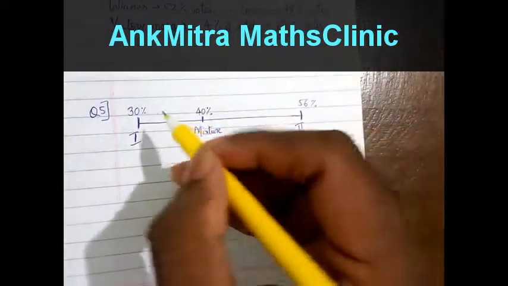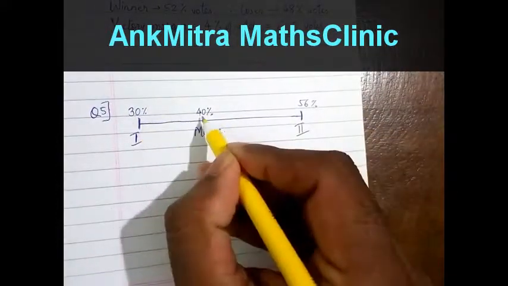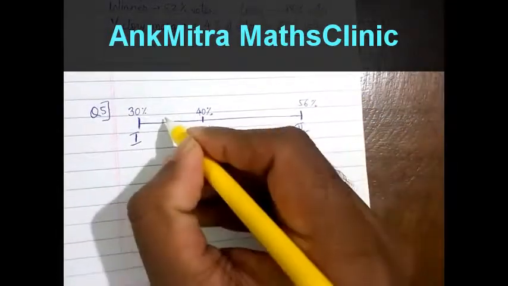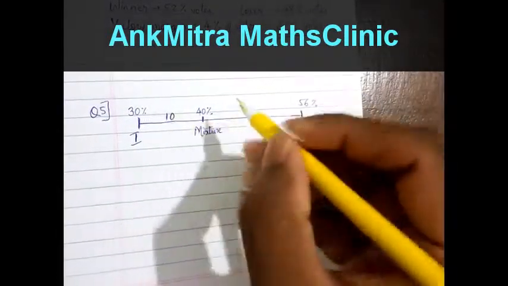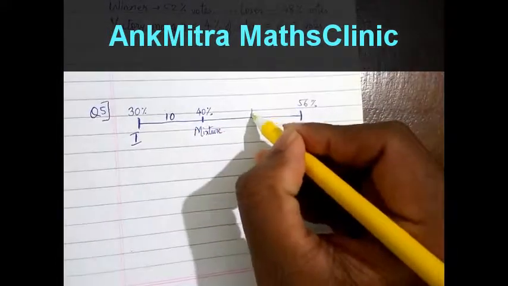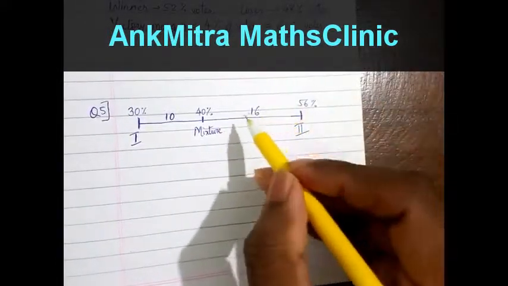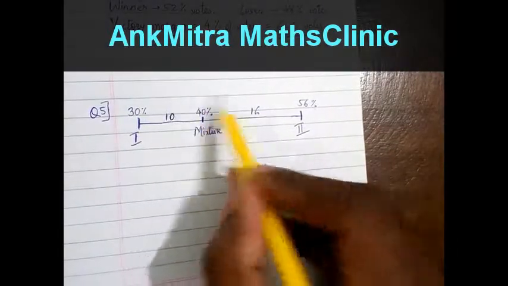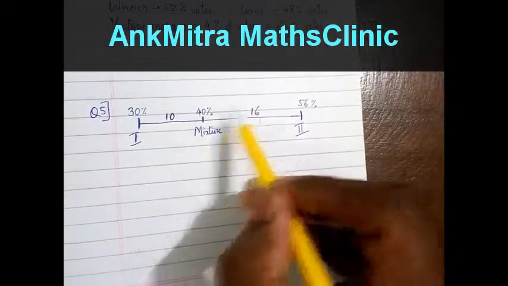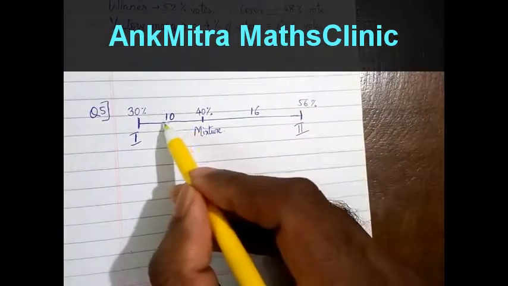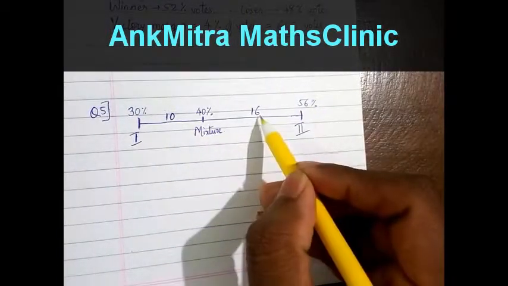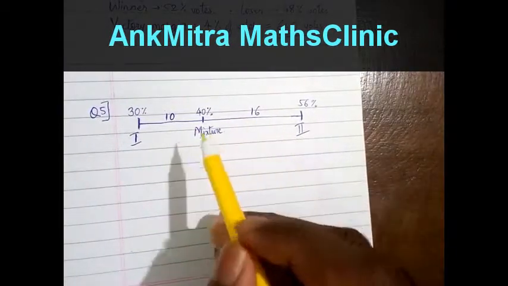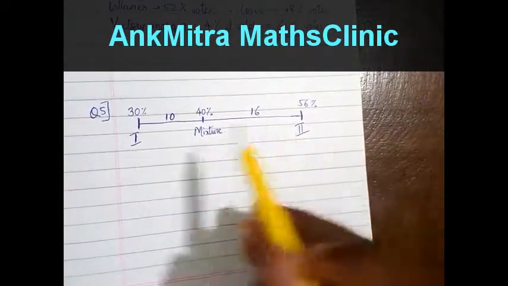For that, we find the differences between these two values and these two values. So the difference here is 10, and the difference here is 16. So the weightage of these two solutions will be exactly opposite to these two numbers. So the ratio of the differences is 10 is to 16, but the ratio of the weightage of these two solutions will be 16 is to 10, exactly opposite.